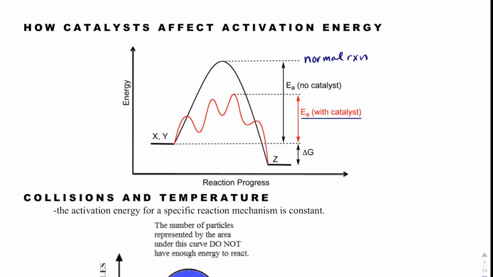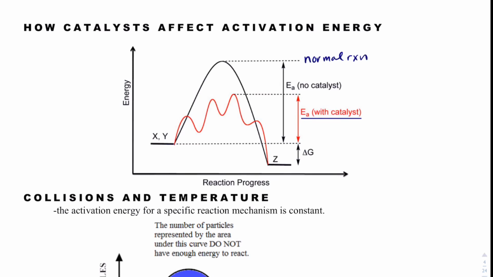So what I like to think about how a catalyst kind of works is it's sort of how I teach labs in a lot of ways. So this black curve might represent how I would normally explain how to do a lab, with each step very detailed, and it might take a little bit longer if I explain it that way, but there's no confusion.